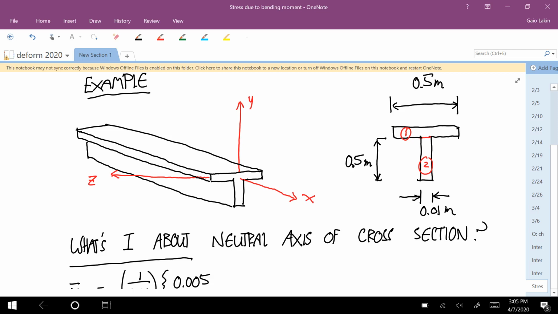And now, okay, so we have to choose a location for this coordinate system. Let me put the coordinate system here for now, for calculating where that centroid is. Let's think of this as a separate coordinate system.